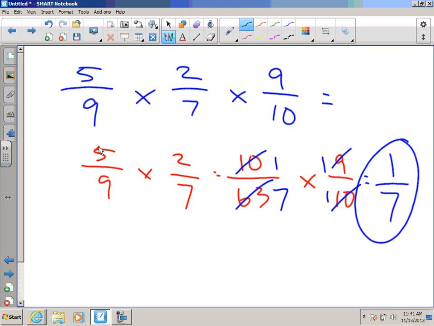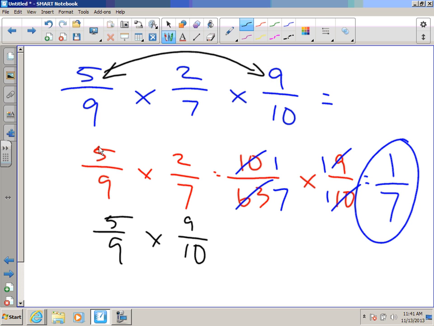What if we decided to do this? Because I'm looking ahead. I'm coming up with a plan, and I'm thinking about what the best option is. And I look and I say, I'm going to pick the 5/9, and I'm going to multiply it to the 9/10 first, because when I look at 5/9 and 9/10, they have things diagonally that I can reduce.